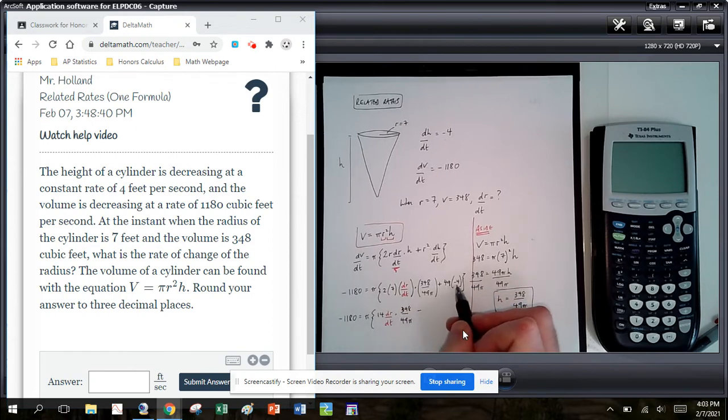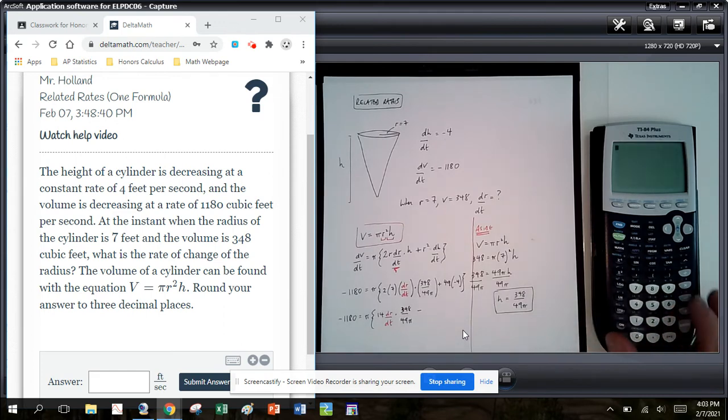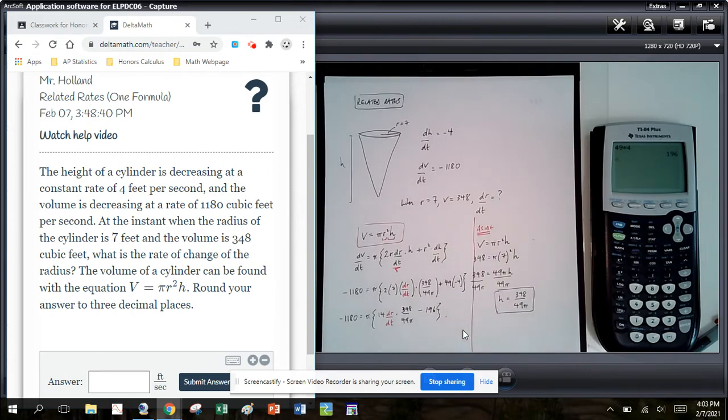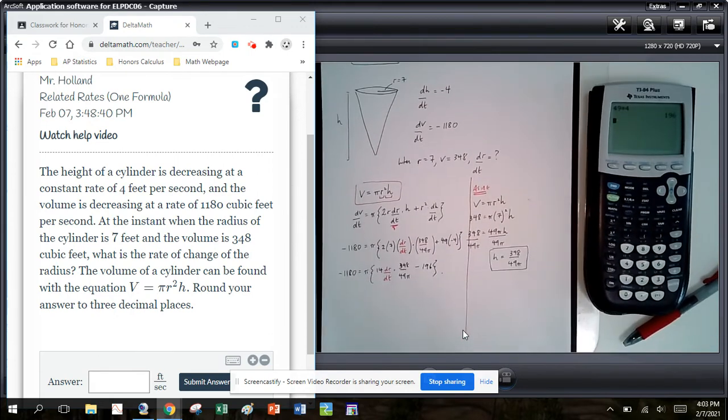Minus, because I got 49 multiplied by negative 4, so let's use my calculator for this. 49 multiplied by 4 gives me 196. So I'm going to be minusing 196. Okay, so now I just want to go ahead and finish solving this.